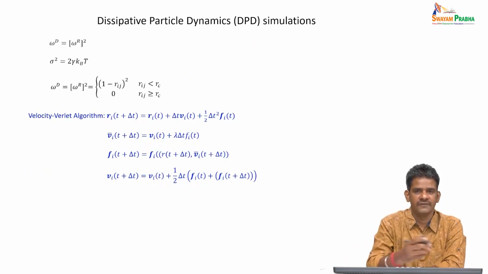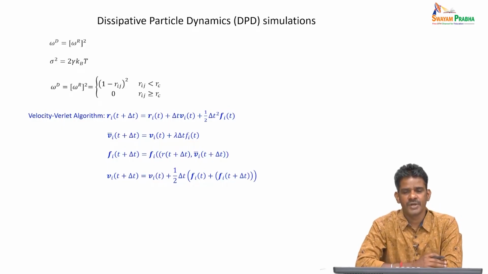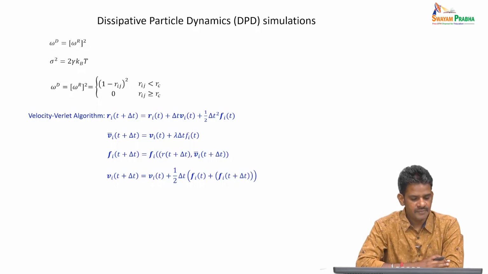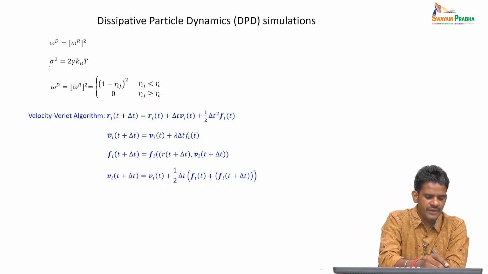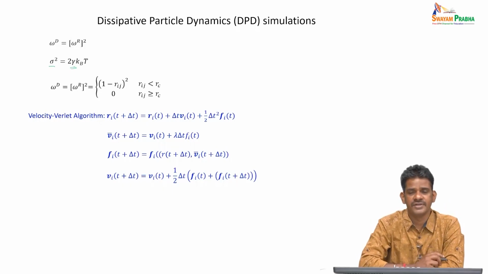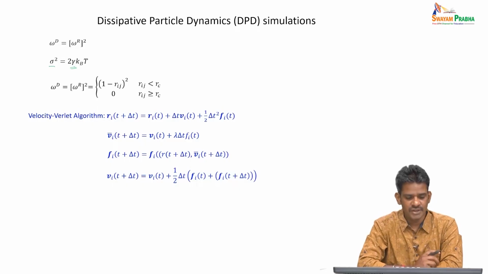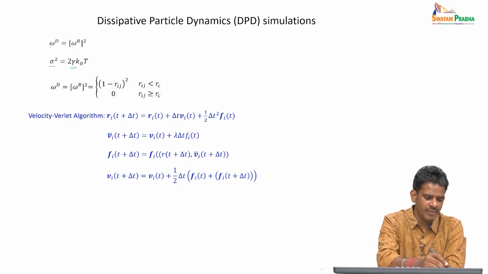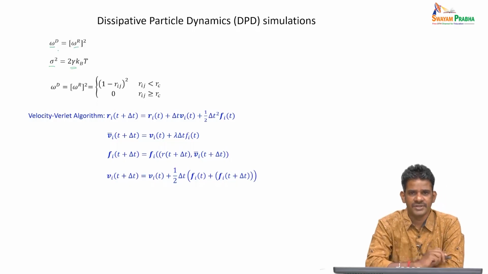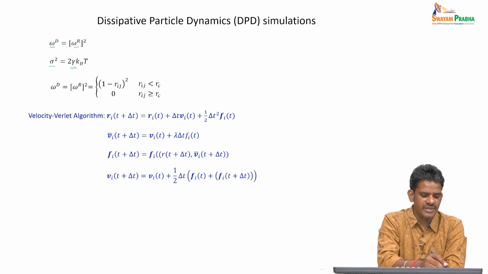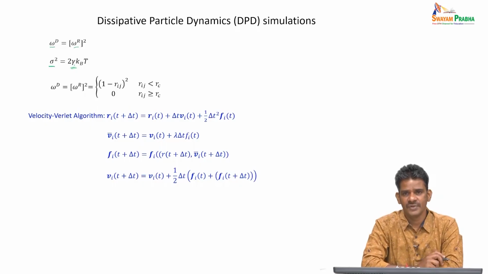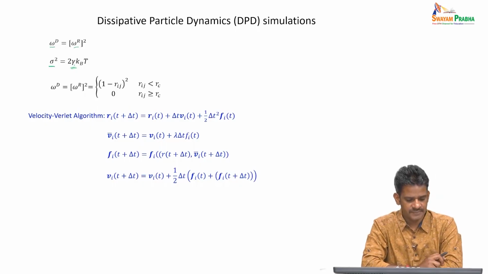That means choosing one will automatically fix the other because of the underlying momentum conserving constraint. Similarly, the noise between the thermal and the dissipative components is also related. So, all we have to do is choose either omega d or omega r, and the other is automatically chosen. Similarly, choose either sigma or gamma; one of them is enough, and the other is automatically fixed.